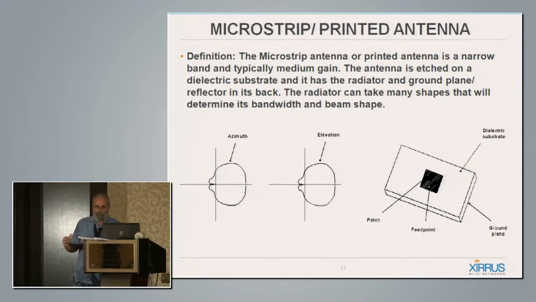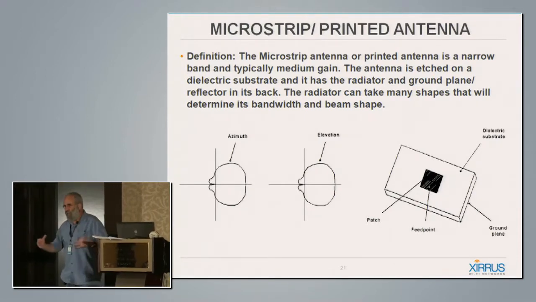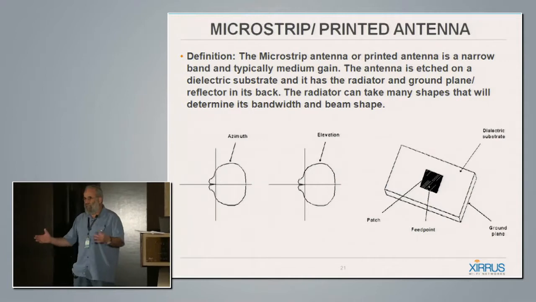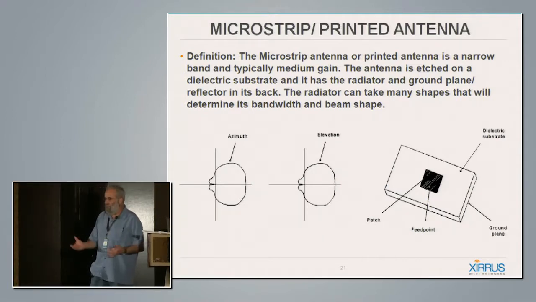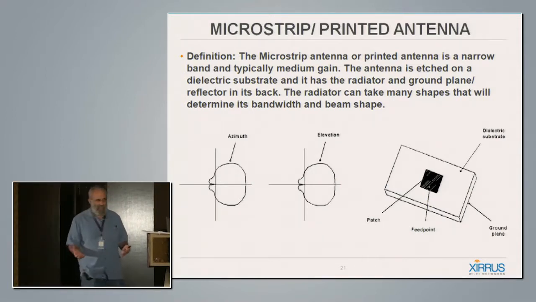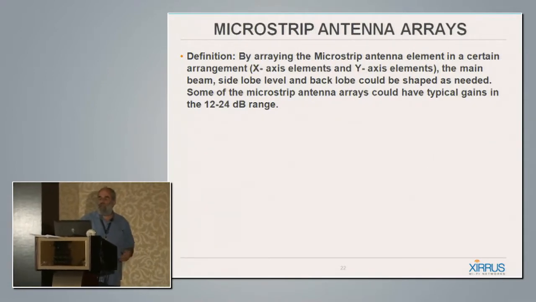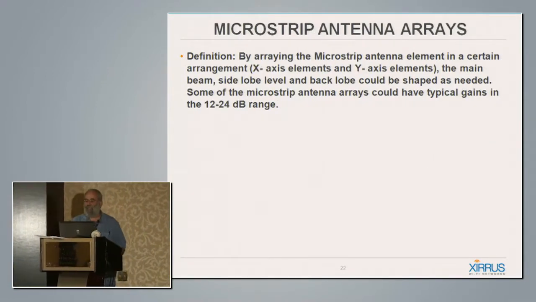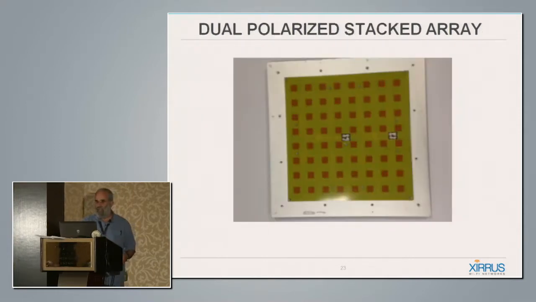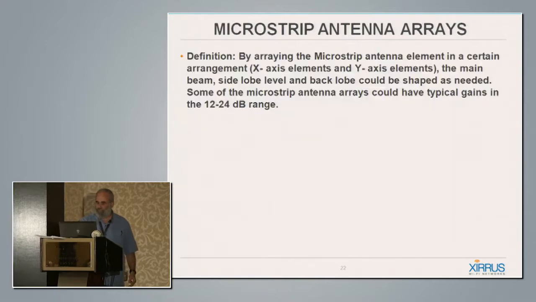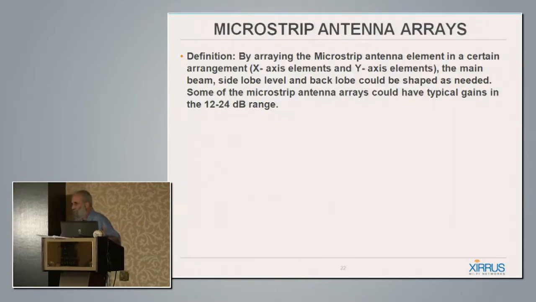And we can expand it into an array, and a lot of the panel antennas that you guys use in installations are based on that. So when we array elements together, like shown in that figure, which is an 8x8 microstrip array, the gain is pretty high.